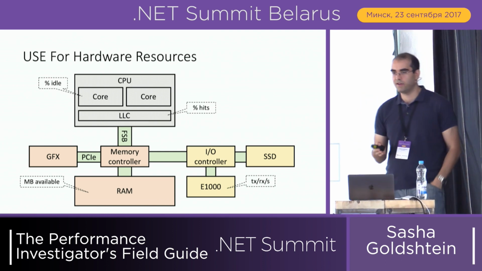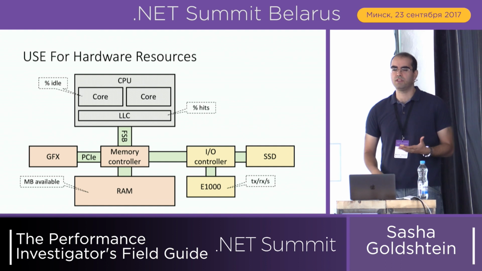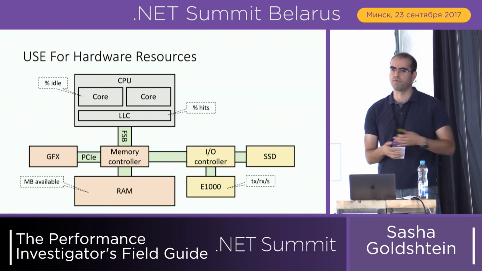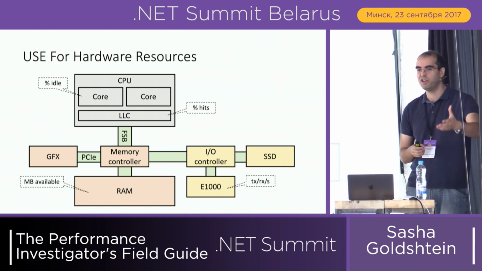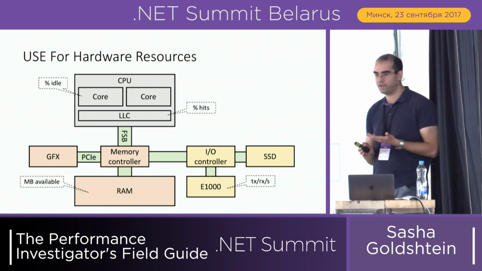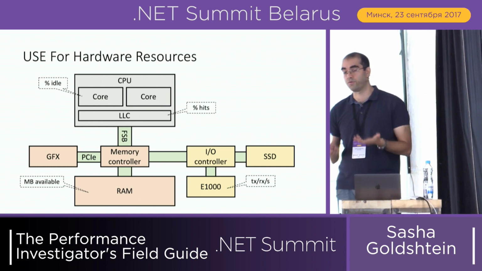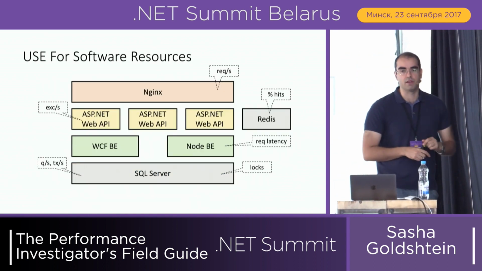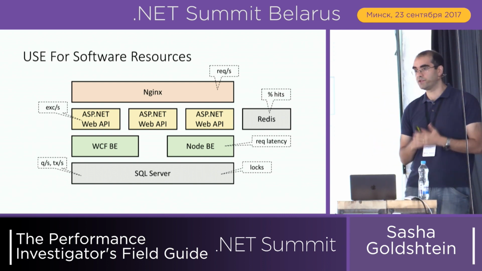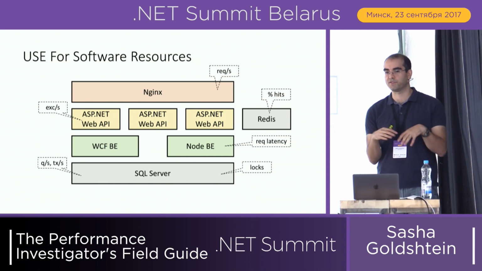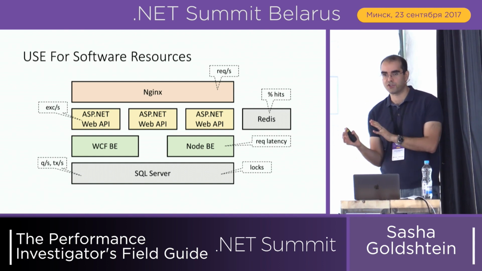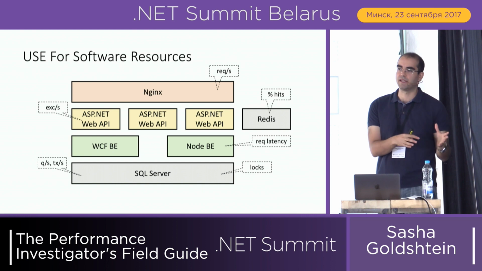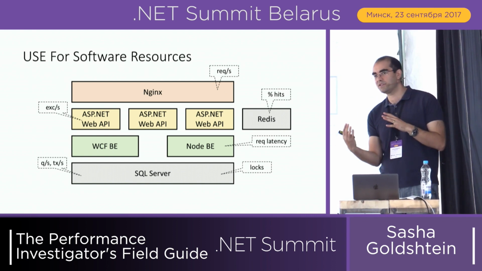And usually, for hardware, these things are really easy to get because there's a lot of monitoring solutions which can tell you your CPU utilization or your memory utilization or your disk utilization. These are very standard things to look for. You can do the same thing with software. So in software, you might have various kinds of microservices and databases and web caches and web applications and load balancers.